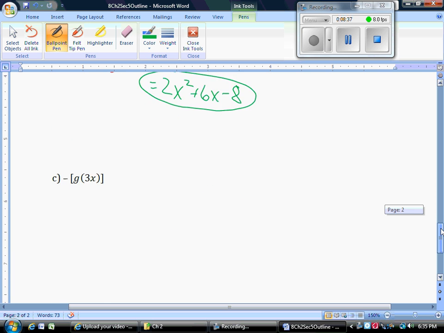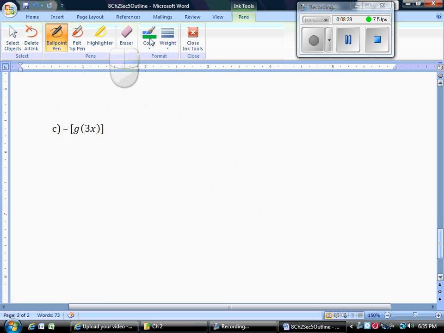Now the last example. Okay? This is how complicated they can get. They can actually even get more complicated than this, but this will be about the toughest we will do this year in Algebra 1. We're looking at the negative of g of 3 of x.